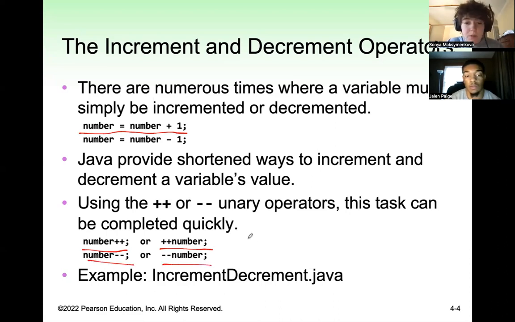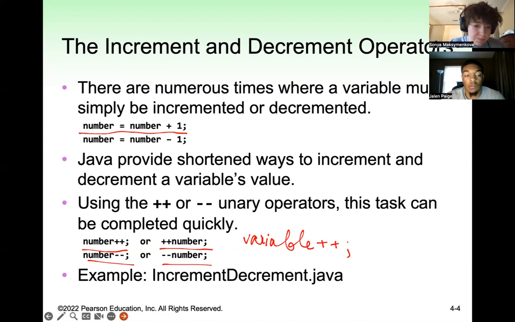So you just type the name of your variable, and then you add plus plus at the end if you want to add one to your variable each time your loop runs. It's just going to be added automatically. So you do not have to write this whole thing out. You can just add plus plus or minus minus either before or after the name of your variable.